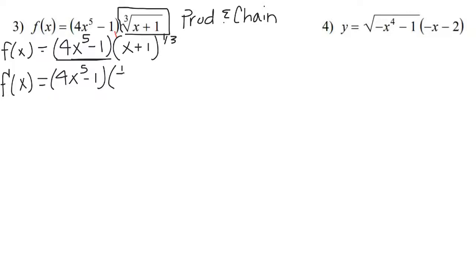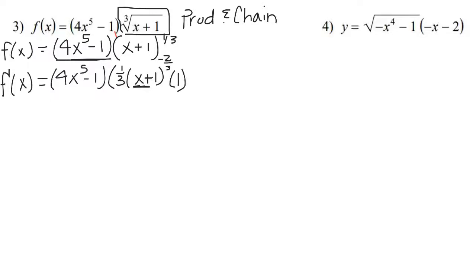I have 1/3 times x plus 1, and I need to say 1/3 minus 1, which is going to be what? Negative 2/3, isn't it? Okay. And then don't forget, we've got to say times the derivative of the inside. What's the derivative of the inside? Not 0. Well, one of it's 0, but 0 plus 1, which is 1.